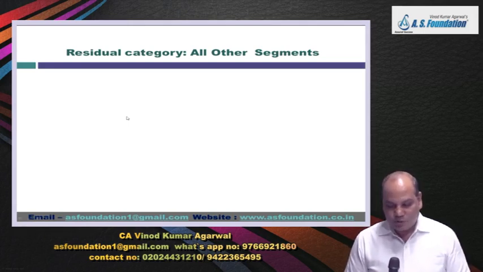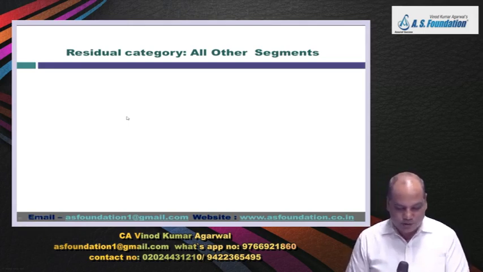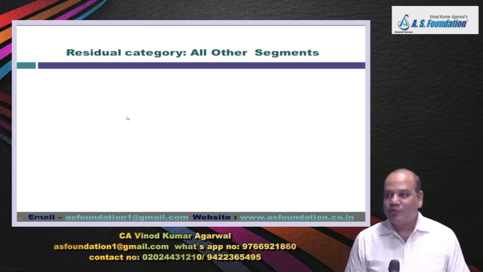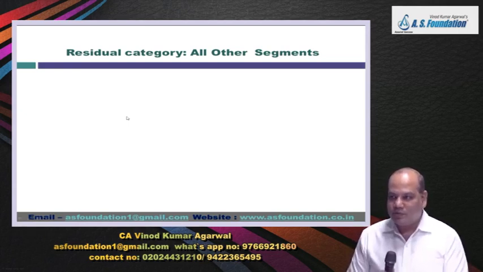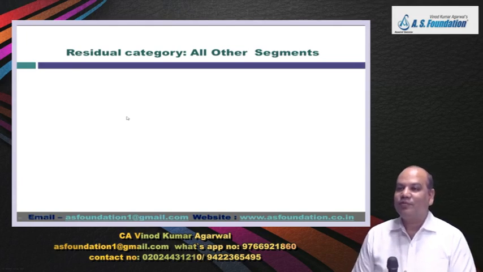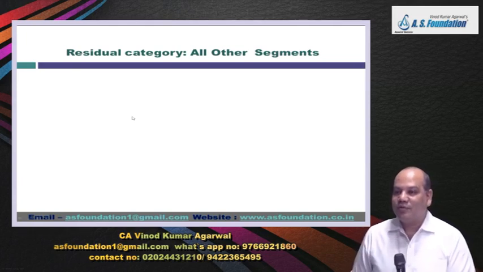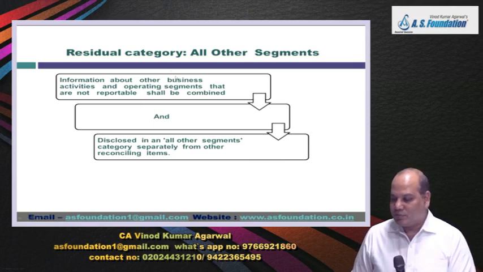Practically there may be many more segments in the classroom, but because we have less time, we normally give 6, 8, 10 segments to the student. This is a question which they ask in the exam. At that time you don't remember whether you need to add internal sale also or not. You forget that 75% test also. And then there are calculation errors.